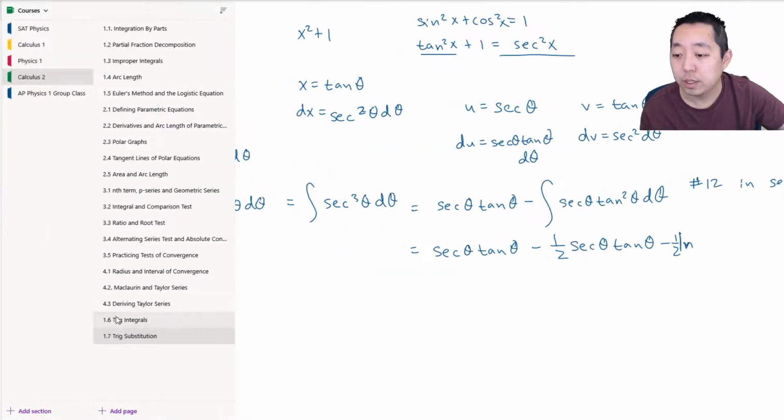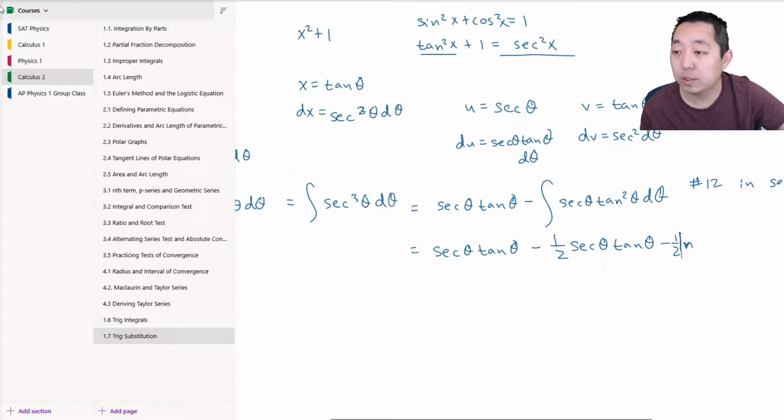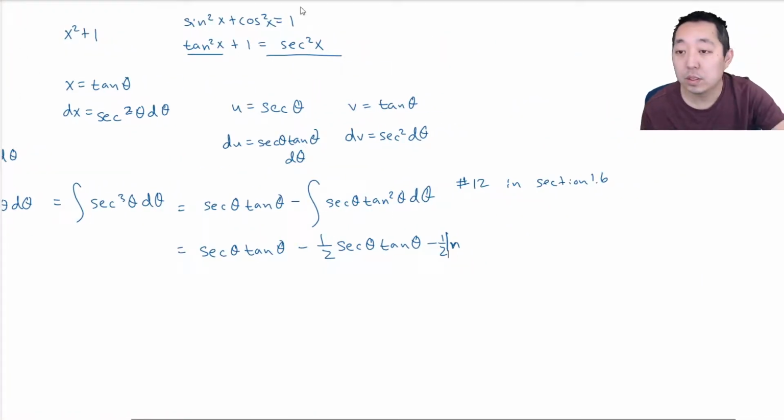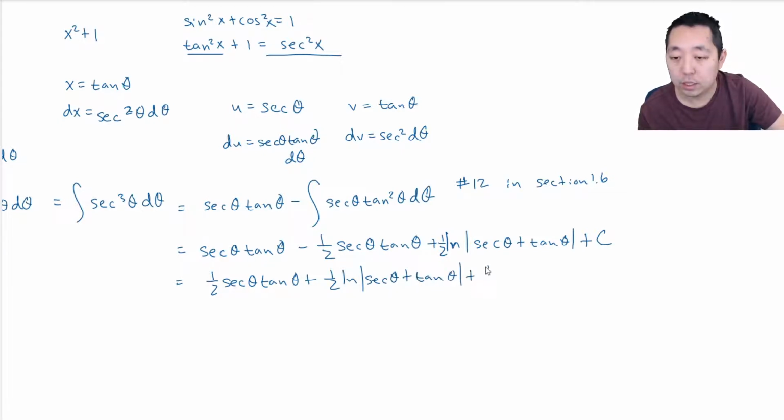Sorry, I should have just copied it from the previous one. It'd be plus 1/2 because I'm doing a minus. So it's plus 1/2 natural log of the absolute value of secant theta plus tan theta plus c. So this minus this just becomes 1/2 secant theta tan theta plus 1/2 natural log absolute value of secant theta plus tan theta plus c.